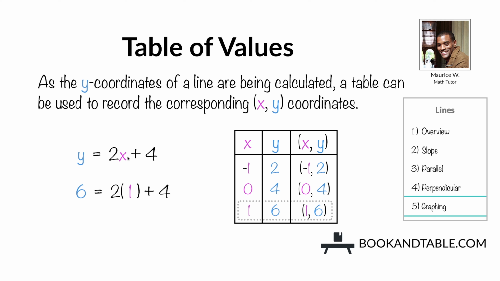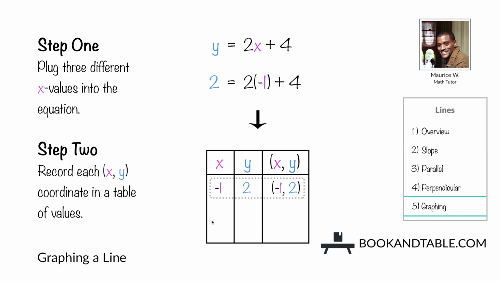We'll plug those values into the x in the equation, and we'll get the resulting y. Now you'll notice, in order to do this, we'll need for the equation to be in slope-intercept form, so that when we plug in an x value, the resulting y value is isolated by itself. So let's take a look at a question like this from start to finish.